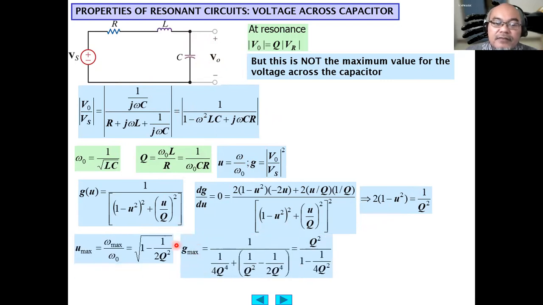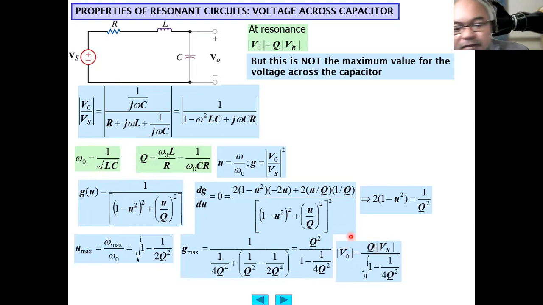Okay, so the G max, the maximum gain, will be obtained by putting this U value into this formula, so we obtain 1 over (4Q to the power 4 plus 1 over Q squared minus 1 over 2Q to the power 4), or simplified, it becomes Q squared divided by (1 minus 1 over 4Q squared).